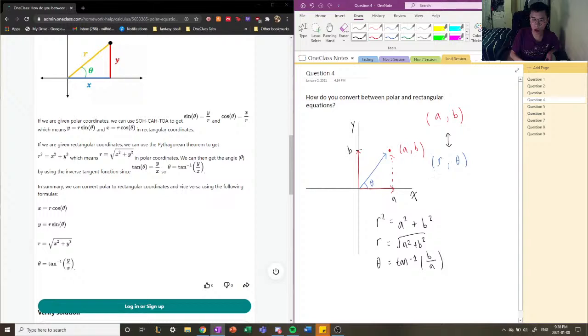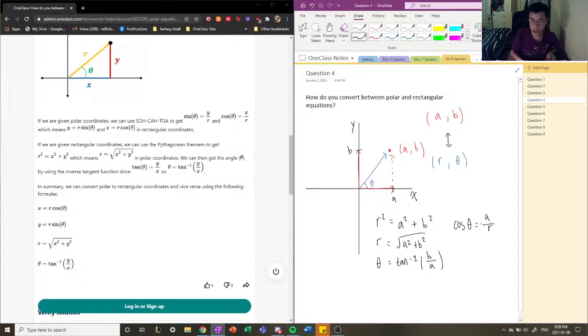How about the other way around? What if we're given r and theta and we need to find a and b? Well, all we really need to do is to use our cos and sine functions here. So let's start with a. A is found by using the cosine function. Cos theta is equal to the adjacent arm divided by the hypotenuse.